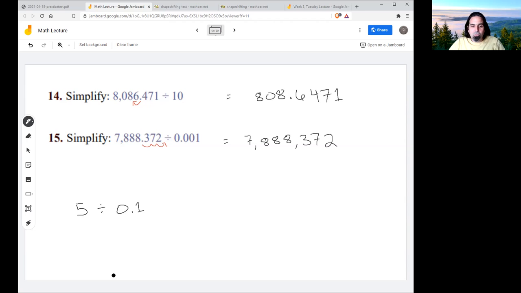How many pieces do I get? So the rule we just said is that I'm going to go 1 scoot, but if a divide by 10 was left, divide by a tenth is going to be right. So I'm going to get 50.